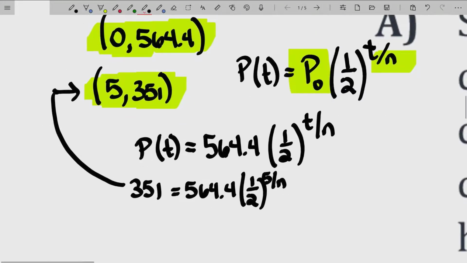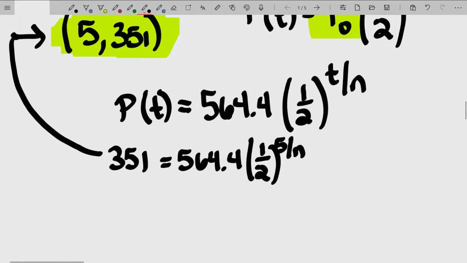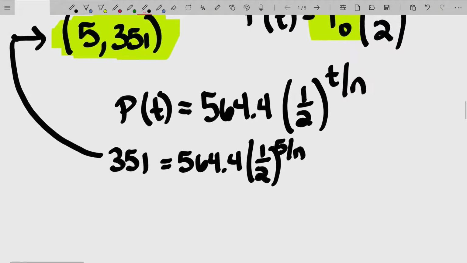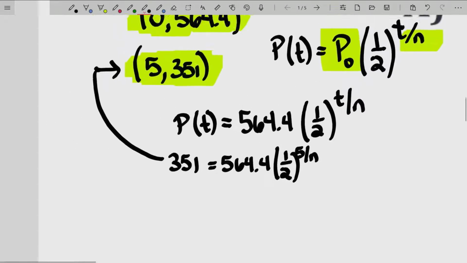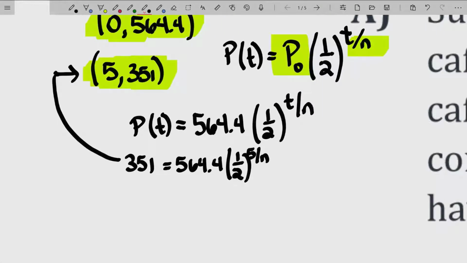Remember what we're trying to find. We're trying to find what n is in this situation. How long does it take to decay to half? All right. Well, now this is just solving an exponential equation, which is why we covered exponential equations in a previous video. Start isolating the n.